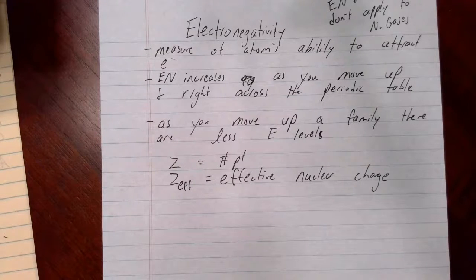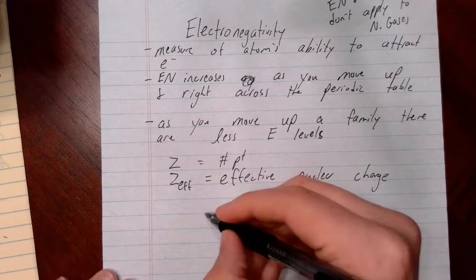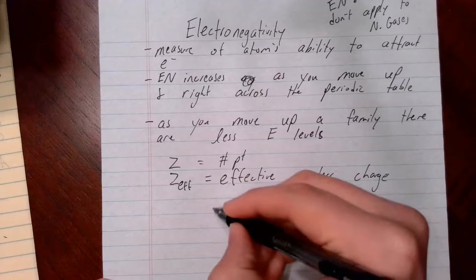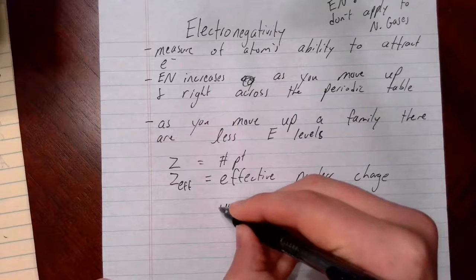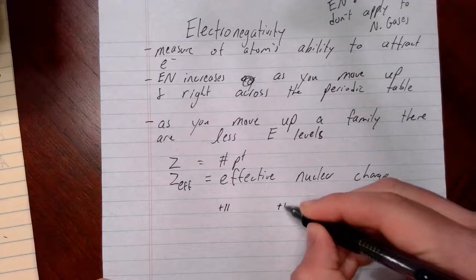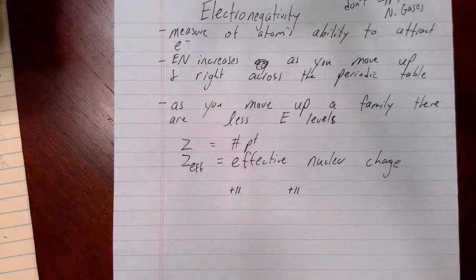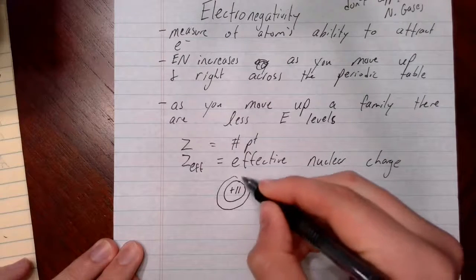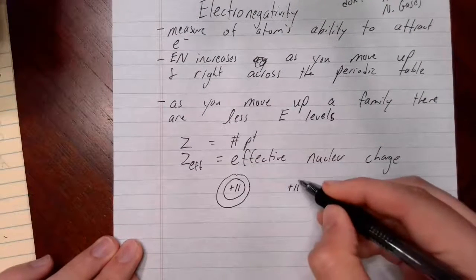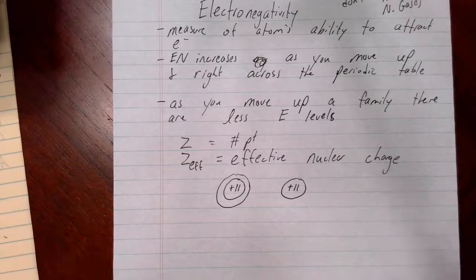So let's just pretend we could somehow have two atoms and they each have 11 protons, so they're the same element. Let's say the first atom had 2 energy levels and the second atom only had 1 energy level. So 2 rings of electrons, 1 ring of electrons, for lack of a better way of saying it.